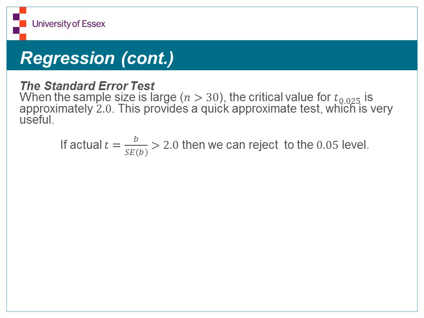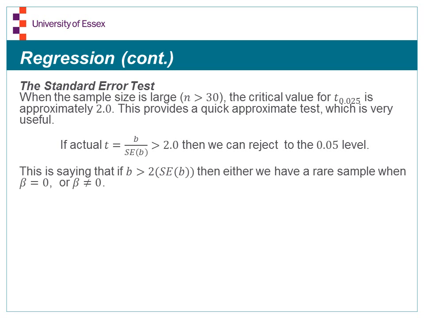So a standard error test: when we've got a large sample, so n greater than 30, then the critical value of t 0.025 is roughly 2. So this provides a really quick approximate test for us. If you're doing one of these calculations and you've got a large n greater than 30, then we just need to look at b over the standard error of b, and if it's bigger than 2, then we can reject at the 5% level.